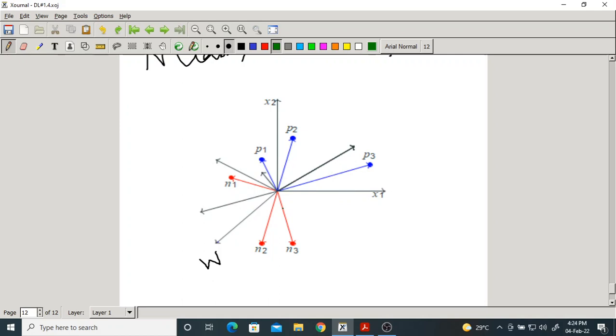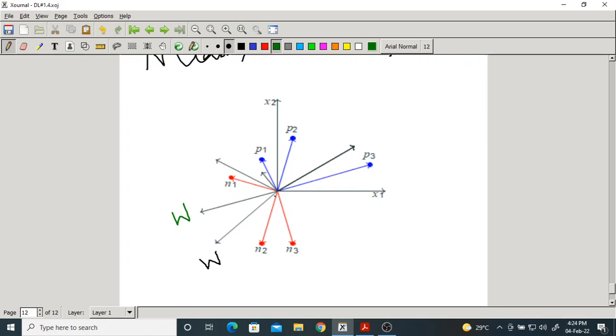More than 90. So this vector is making less than 90 degrees with the N class points and more than 90 with the P class points. So it is exactly reverse. In this case we update it. Suppose the next vector is somewhere here.